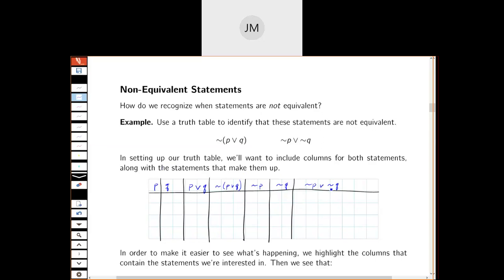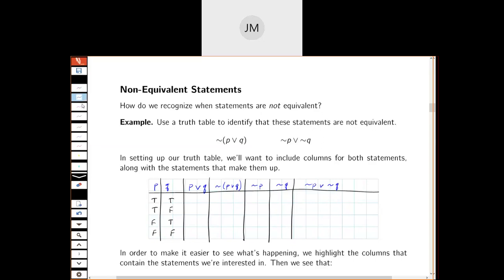And I think that organizing what you have to do is usually the harder part of filling out a truth table. Okay. And then we'll go ahead and fill in the truth values. The P and Q, I like to use the same pattern every time if we have just two statements, right? So true, true, false, false, true, false, true, false.